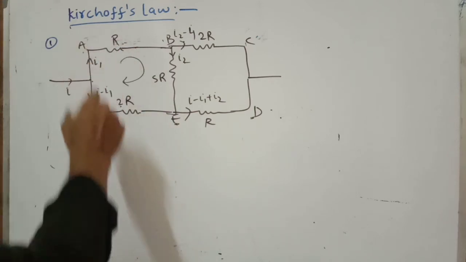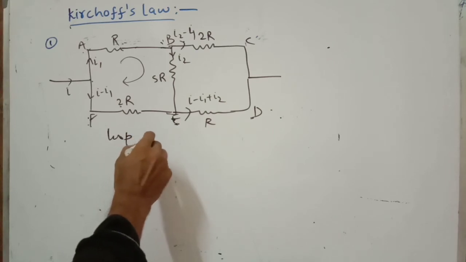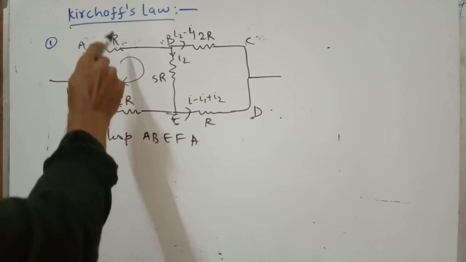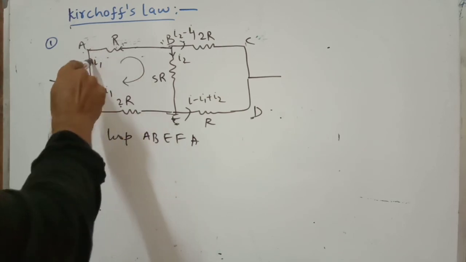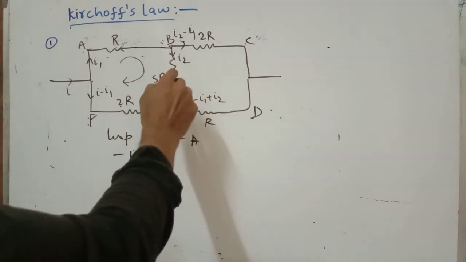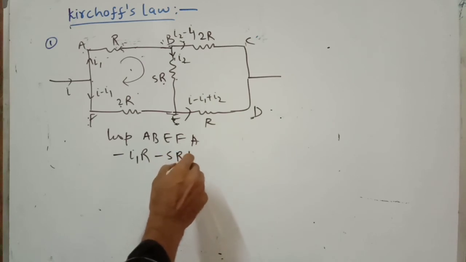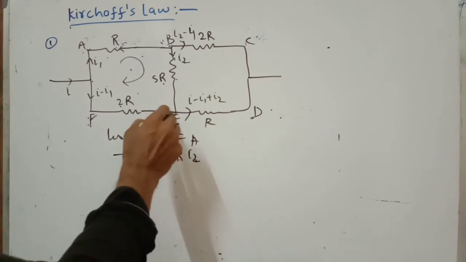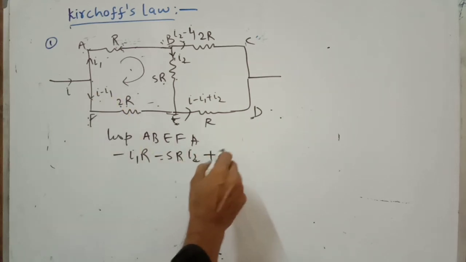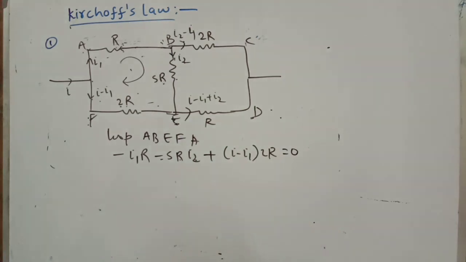So let's write the loop. We consider loop A, B, E, F, A. The potential difference across R, consider direction and current direction the same, so write minus I1R. Then 5R with I2, the same direction, so minus 5R I2. And here the consider direction and current direction are opposite to each other, so you write plus (I minus I1) into 2R equal to 0.